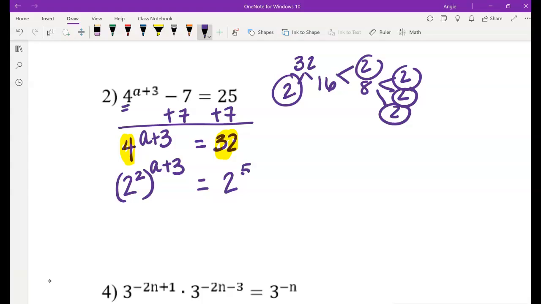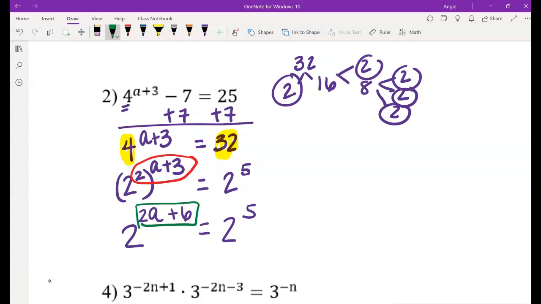Now, power to the power, we multiply the powers, so we distribute. That's 2 to the power 2a plus 6 equals 2 to the 5th. Now the bases are the same, so we can take the exponents and make them equal to one another.